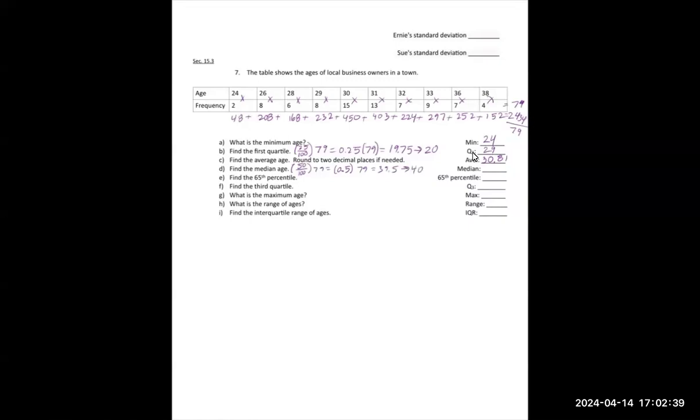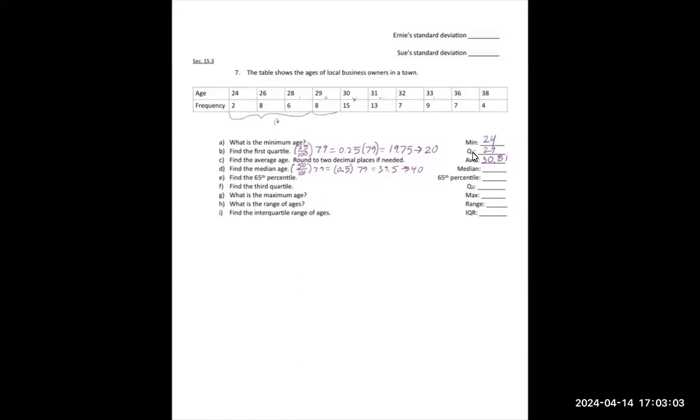So I need to find the 40th person in line. Here's the first 10 people in line. So 10 plus 6 is 16. So here's the first 16 people in line. I'm trying to find the 40th person in line.